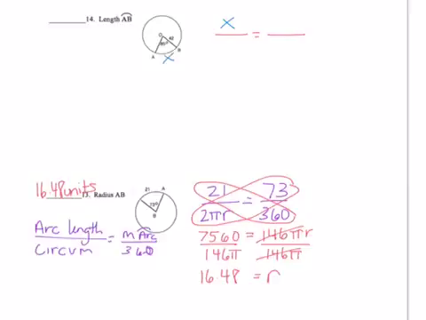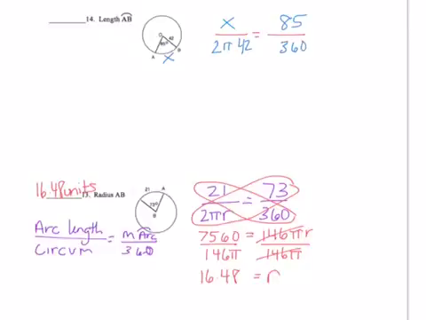Circumference I know is 2 pi r, 2 pi, and I know my r is 42 right here, so I'm going to put 42 in there, equals my arc measure, which is 85 over 360.